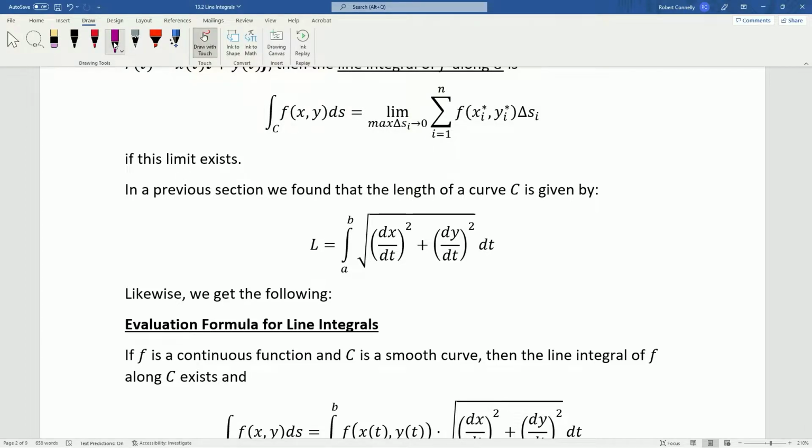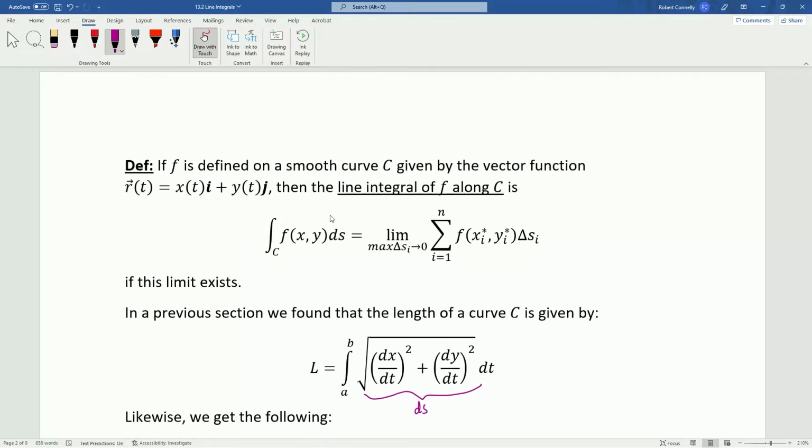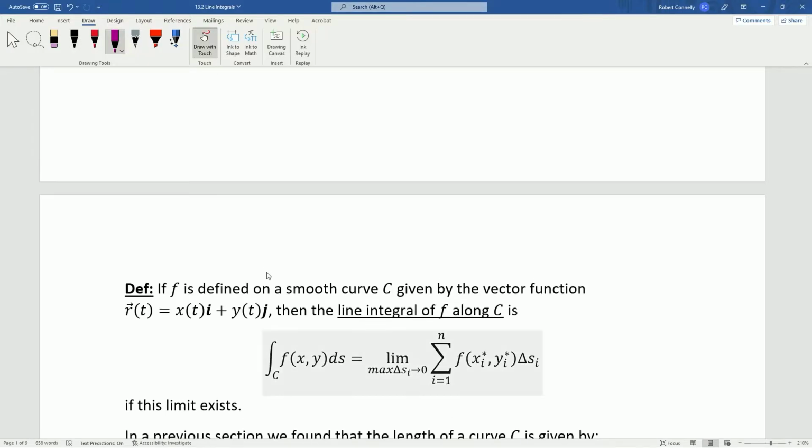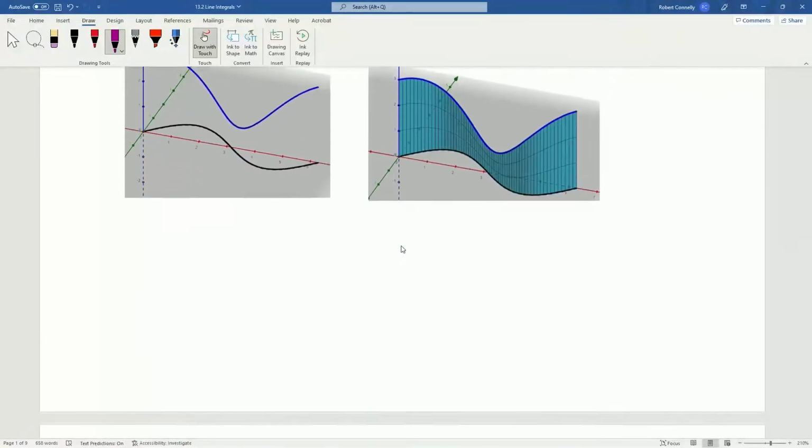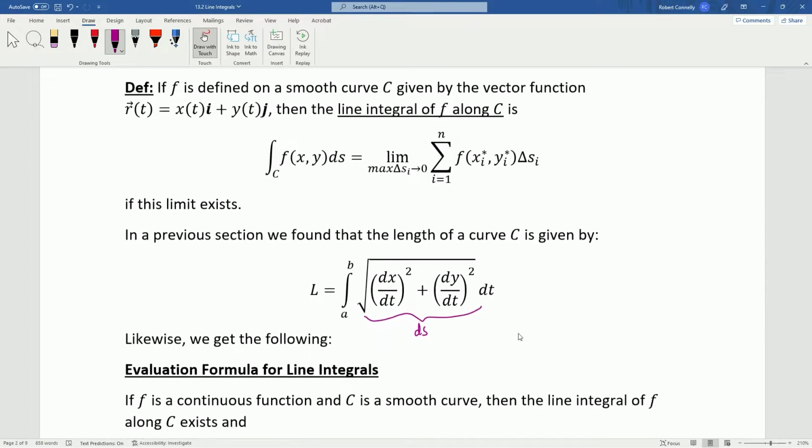And you may recall that this is really representing the same thing as ds in this expression here, meaning each segment's little partial length, or delta s. All right, so it represents the same basic thing there.